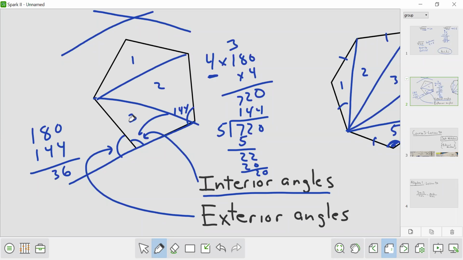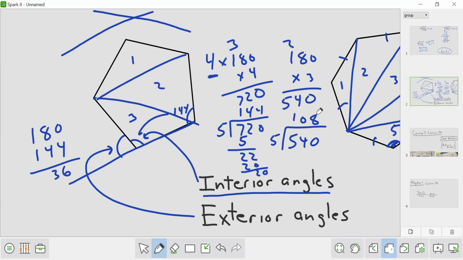So I should have done 180 times 3, and that gives me 540. Then I divide 540 by 5, because there are 5 sides, 1, 2, 3, 4, 5, and I get 108.